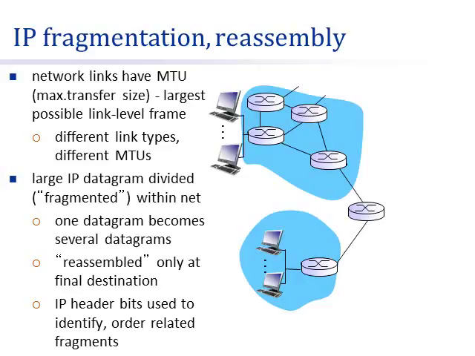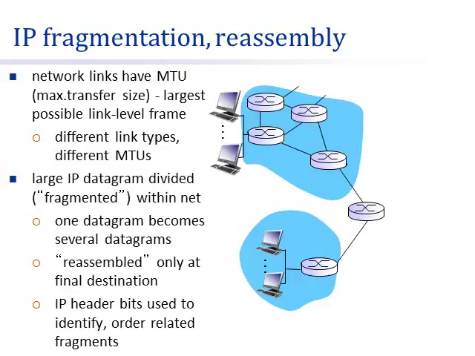The MTU of the link layer protocol places a hard limit on the length of an IP datagram. The problem is that each link can use a different link layer protocol like Ethernet, wireless, or ZigBee, and each of these protocols can have a different maximum transmission unit.